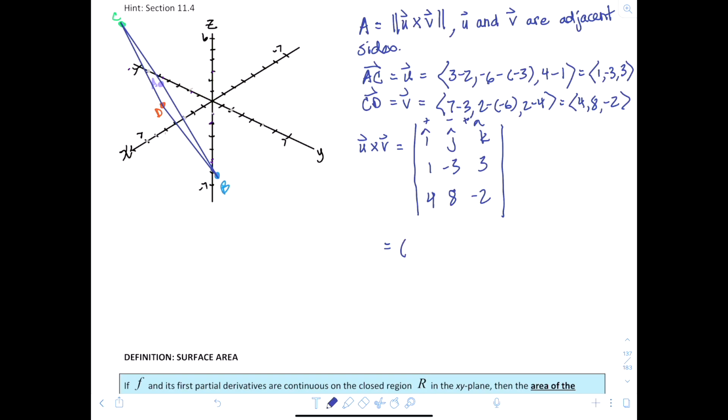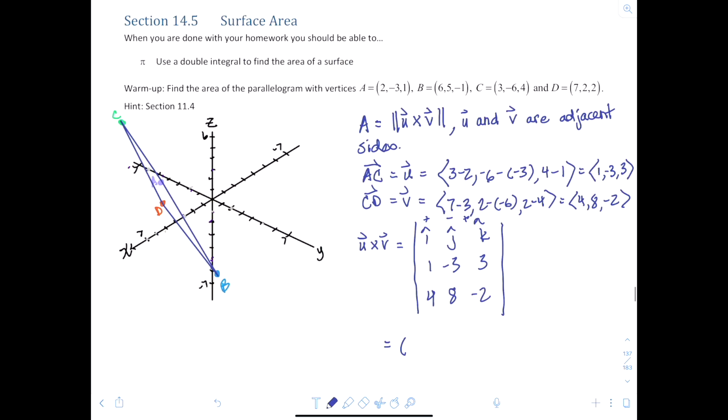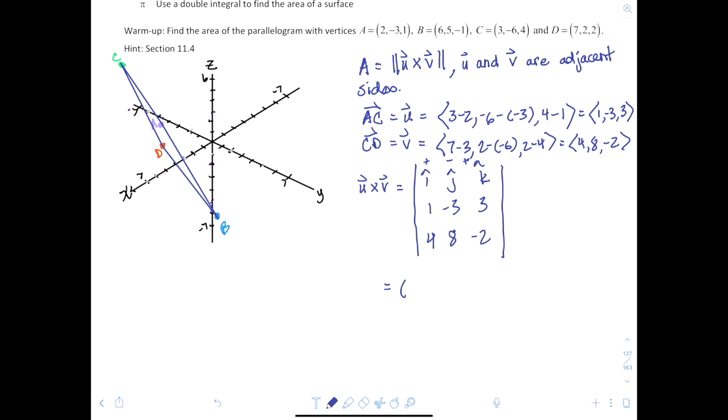We'll get (24 minus 6) times i minus (-2 minus 12) times j, and then plus (8 plus 12) times k.